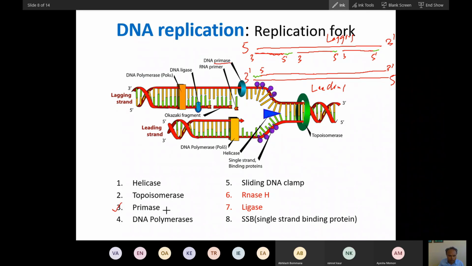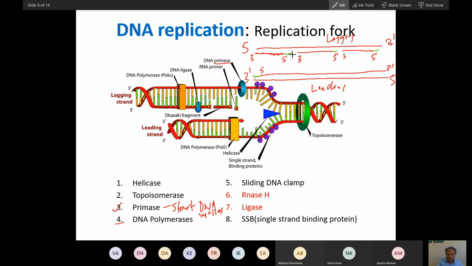So did you understand the function of primase? Primase actually starts the DNA synthesis. And what is the function of DNA polymerase? Just elongation of DNA.